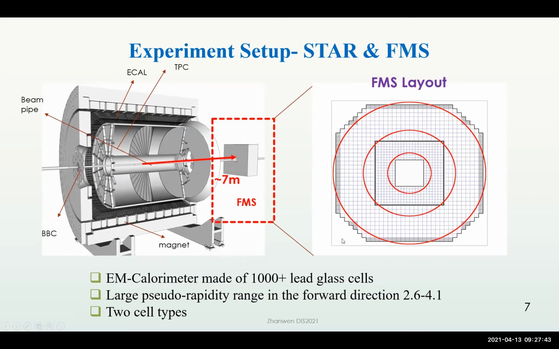It covers the forward pseudorapidity from 2.8 to 4.1, and it has 2 cell sizes, so that we can measure the high energy pion, which gets closer to the beam pipe.